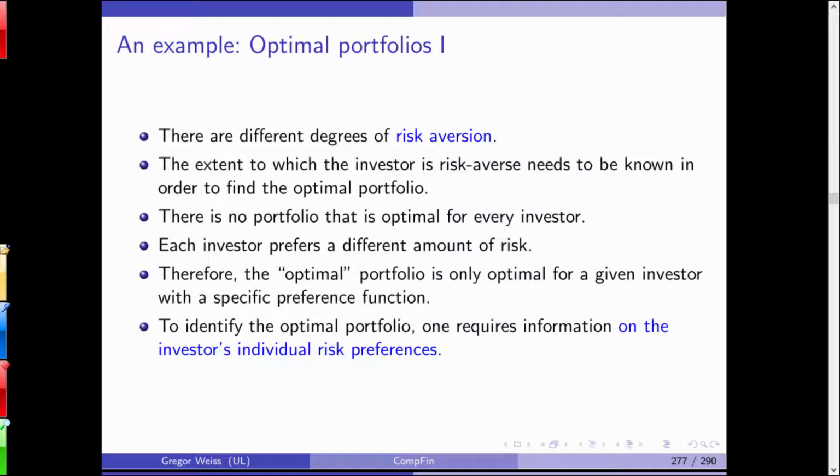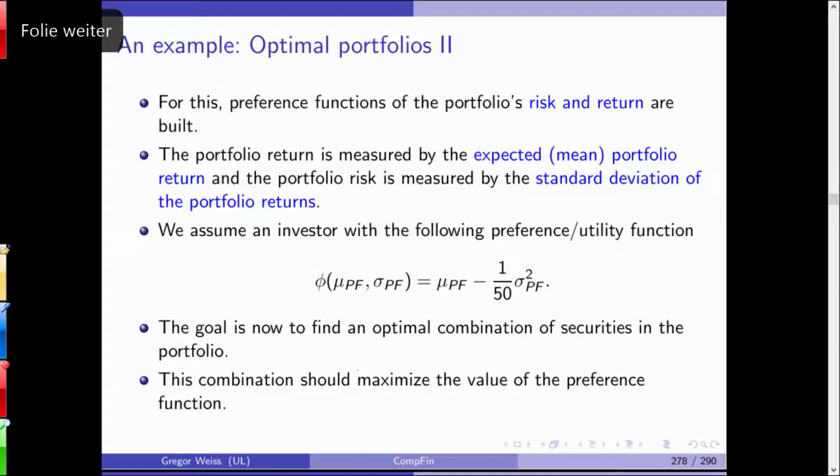What you can do is you can try to look at a function that gives you the utility of your portfolio, and you have to make some assumptions on the risk aversion of your investor. So you need some information on your individual risk preferences, and you can come up with a utility function. For example, in the following, we'll be using this utility function, which is a standard utility function.